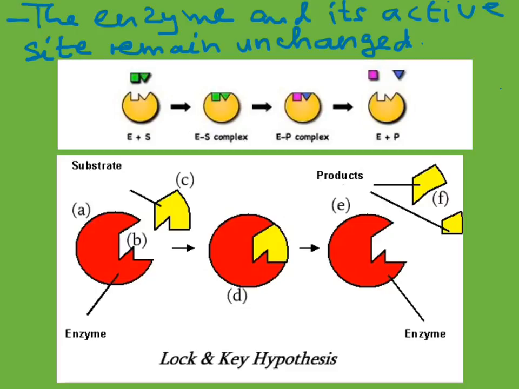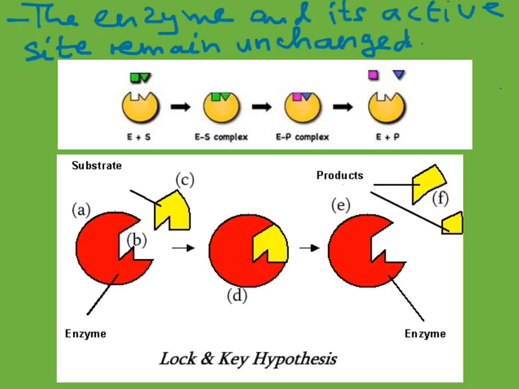Looking at the second structure, you realize that the enzyme A, which is in red, and the substrate C, which is yellow, bind into the active site labeled B. When this happens, you have structure D, which is an enzyme substrate complex.